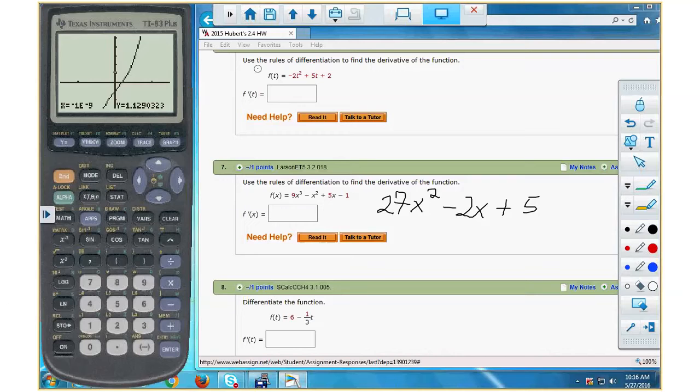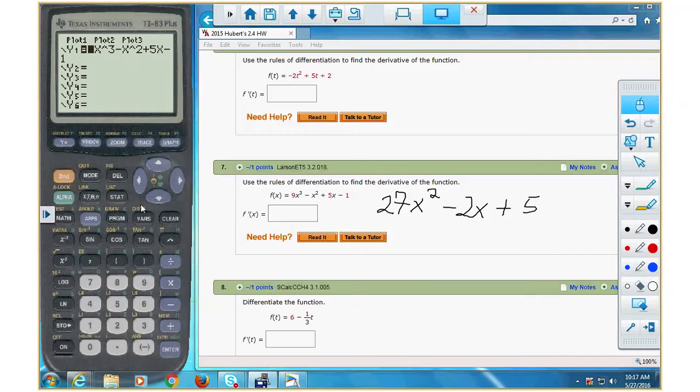So this is just more practice of the derivative, not necessarily the tangent, because the tangent here, if you click it in, is going to be y is equal to 27, which is going to be a very, very skinny what? Parabola. x squared minus 2x plus 5.